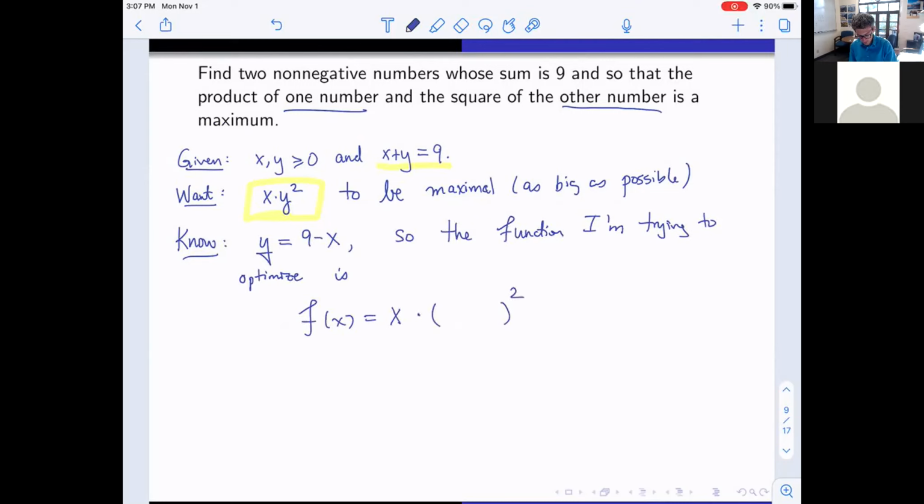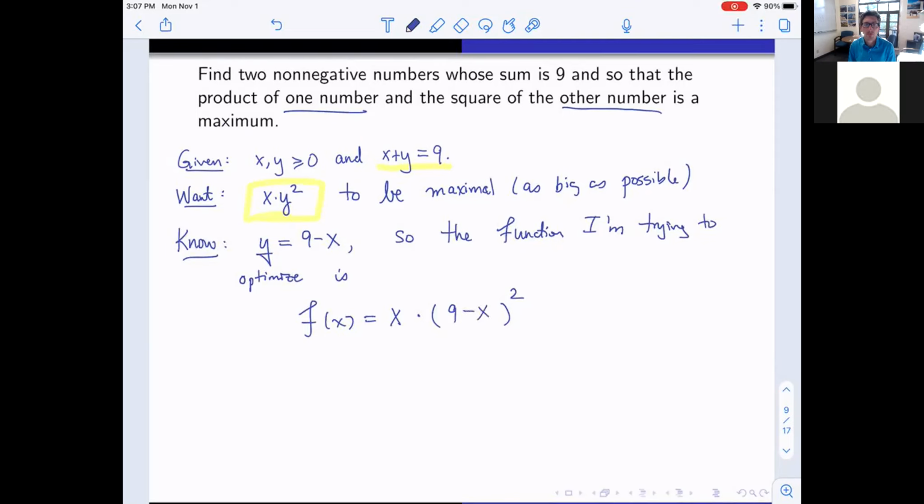So I'm going to maybe write a y squared in here, but I'm going to erase it because I'm trying to make x times y squared as big as possible. But I know what y is. I know that y is 9 minus x. And so I know for a fact now that no matter what x and y are, they're going to add up to 9. And so this is really the function that I'm trying to optimize.